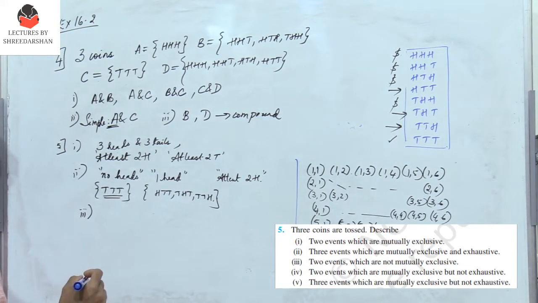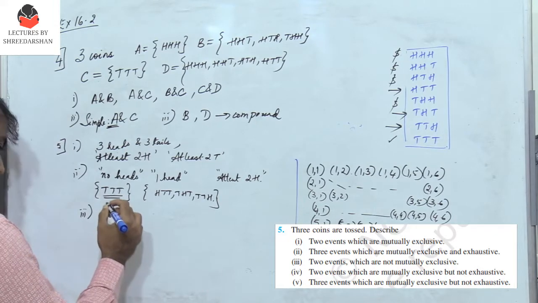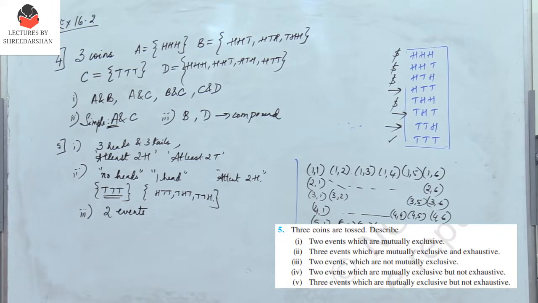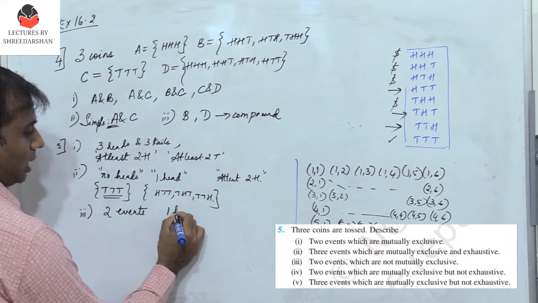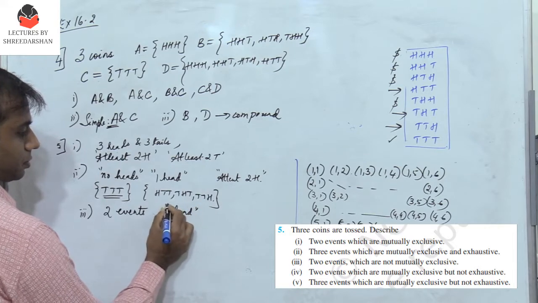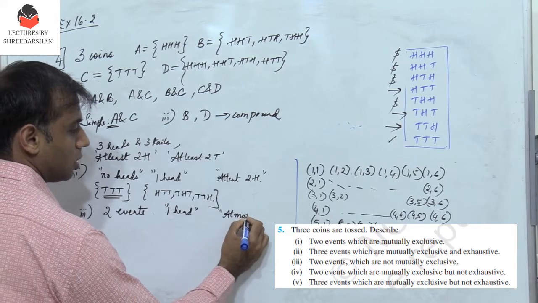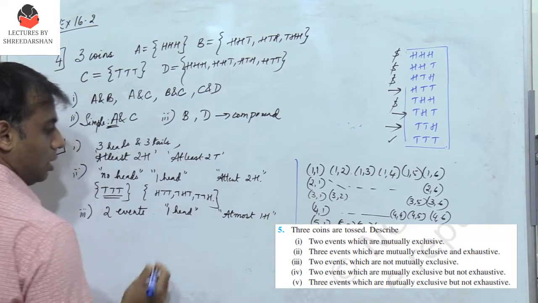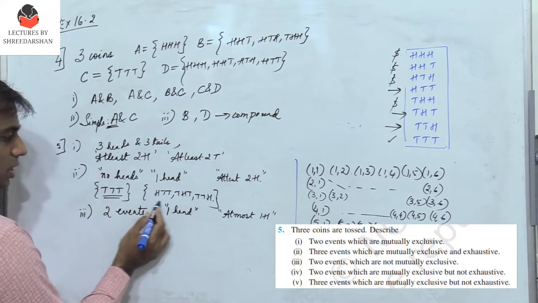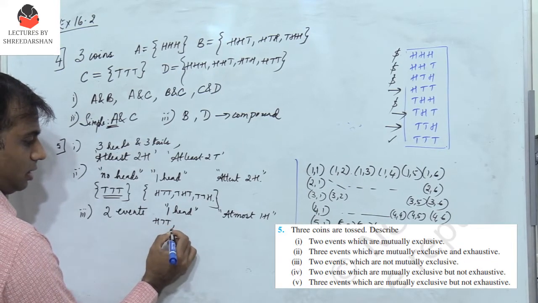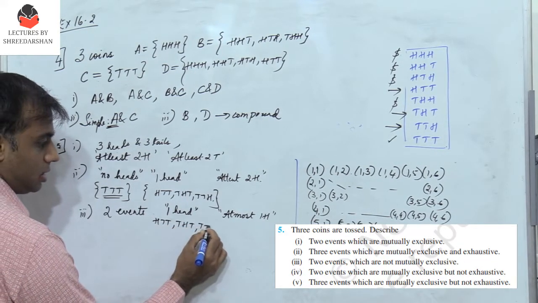Third one, 2 events and they are not mutually exclusive. So I need to consider 2 events, but they are not mutually exclusive. Let us consider an event where you have 1 head and then I have at most 1 head. What do you mean by one head? I have these three combinations: head, tail, tail, tail, head, tail, tail, tail, head.